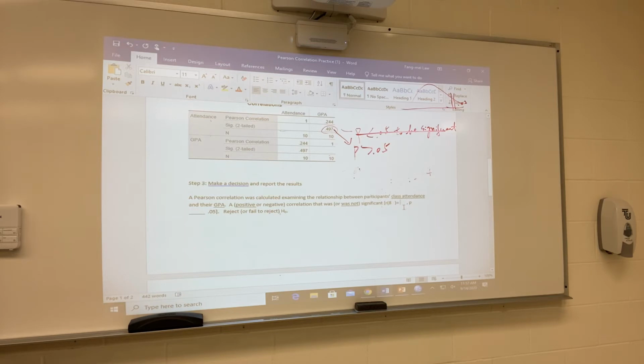What's your R? 0.244, right? And is the P greater or smaller than 0.05? Greater. Okay, greater.